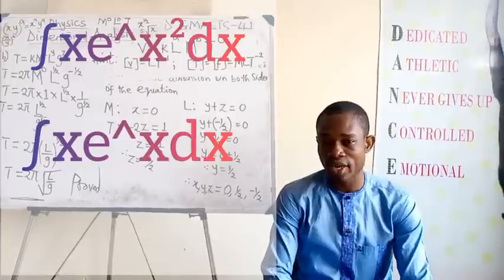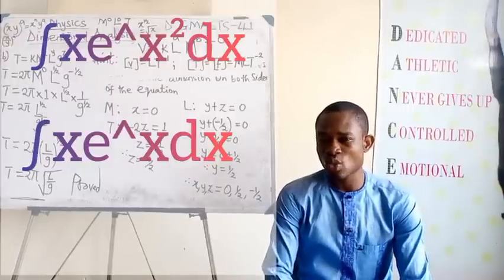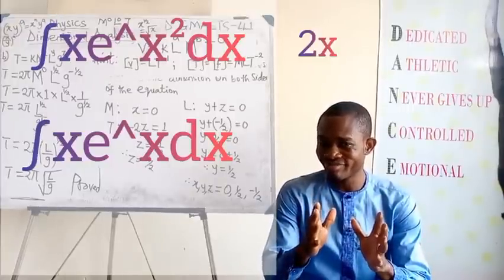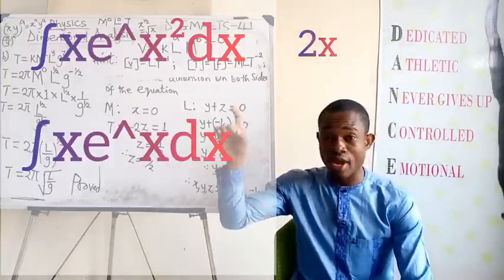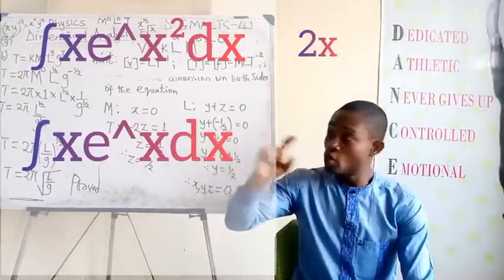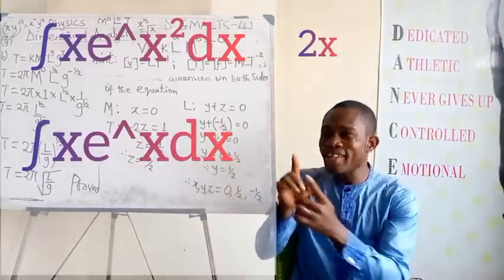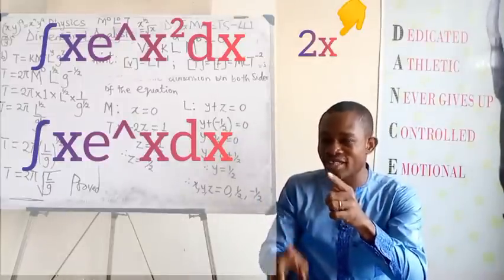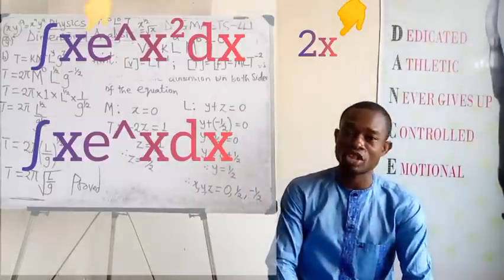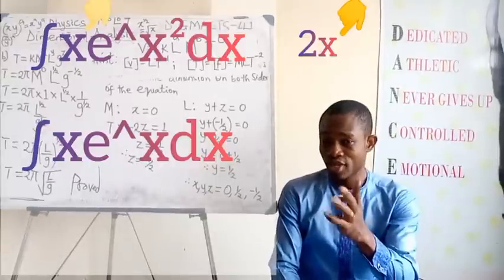Differentiate the x squared. If you differentiate that x squared, you get 2x, true or false? That's good. Now compare that x you got in that 2x, the derivative of the x squared, with the power of x that is multiplying the exponential in the given question.